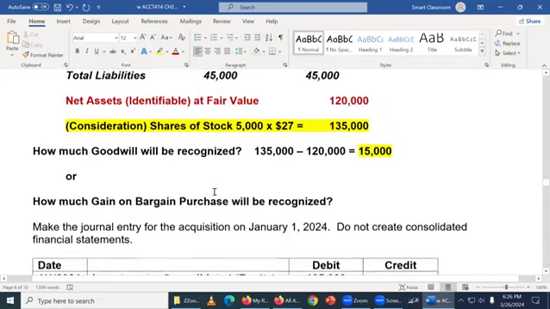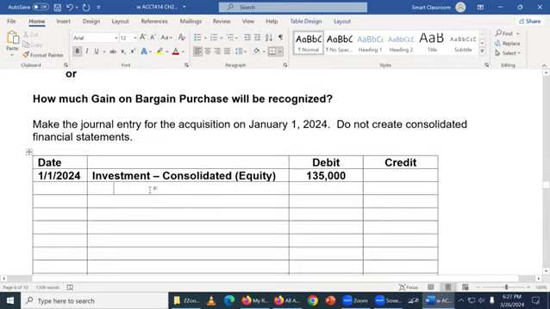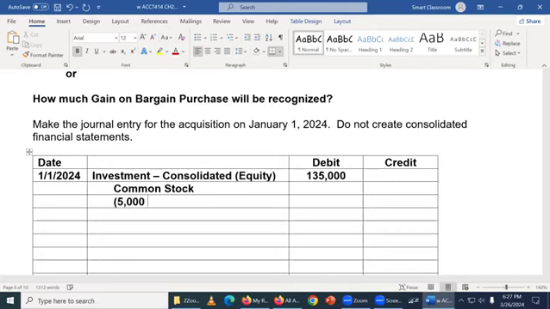So 5,000 shares, common stock. I'm going to put the calculations down in the second row here. We have 5,000 shares times a $5 par value, $25,000.